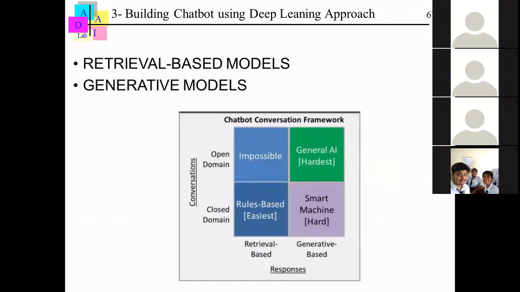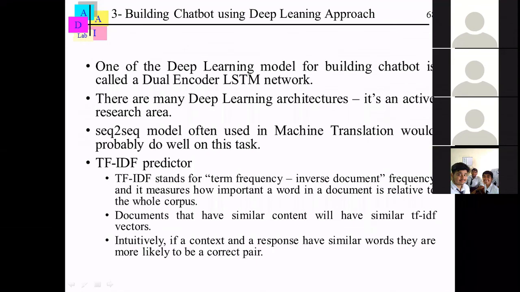And we can build a chatbot with two approaches. The first is the retrieval-based model, and the second is the generative model. And we can apply deep learning models to build the chatbot.